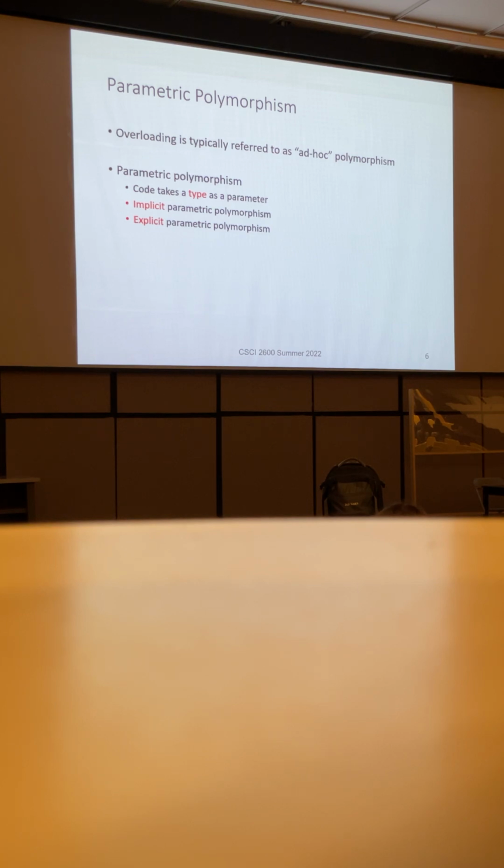Right? So that is essentially what parametric polymorphism is. So in addition to taking values for parameters, we would like our code to also take a type as a parameter.